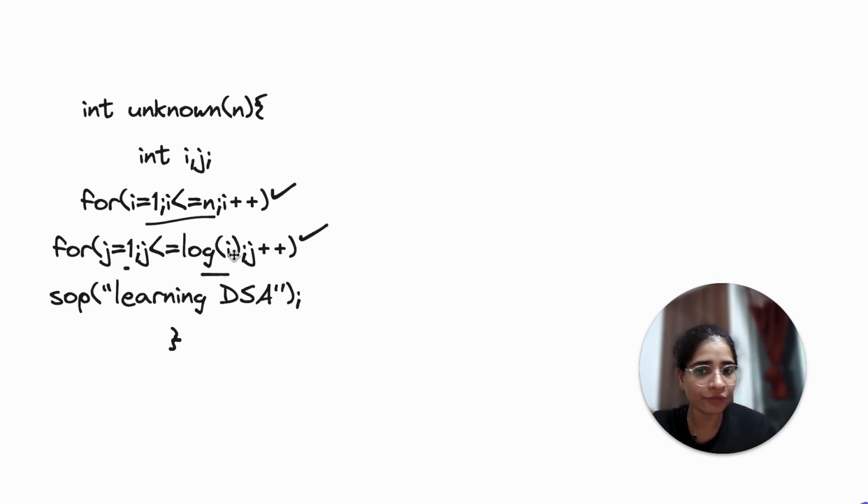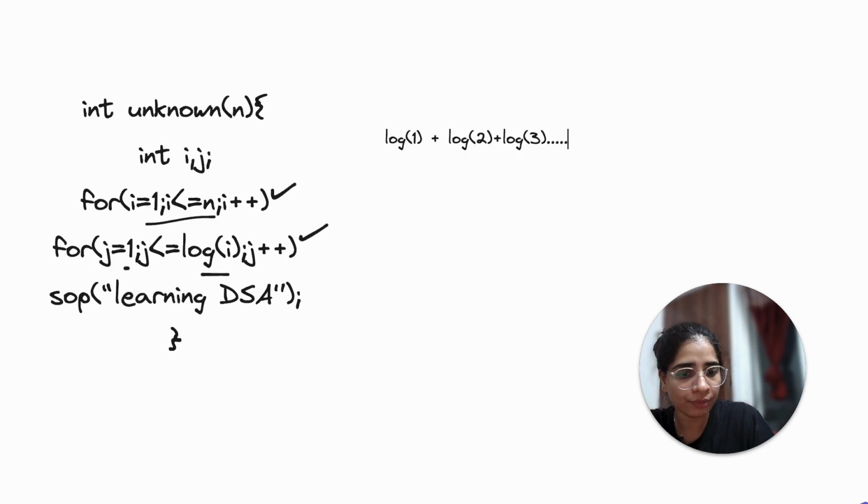It will be like log of 1 times. Then for i equals 2, how many times will this for loop be going on? It will be going on for log 2, and for the third time log 3, and that's how at the end it will be plus log of n.